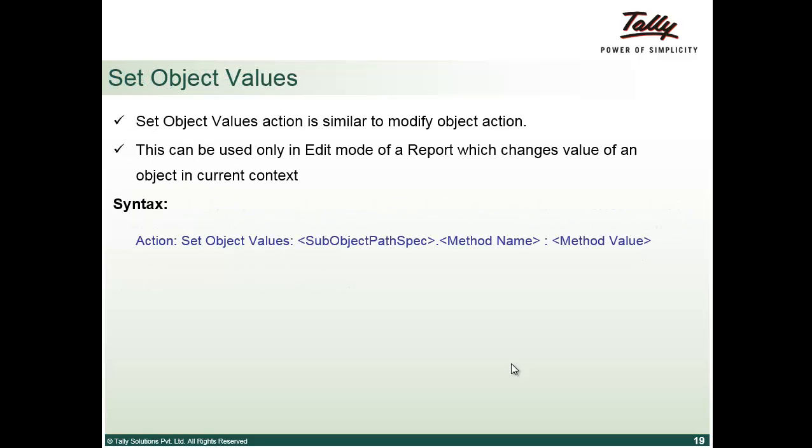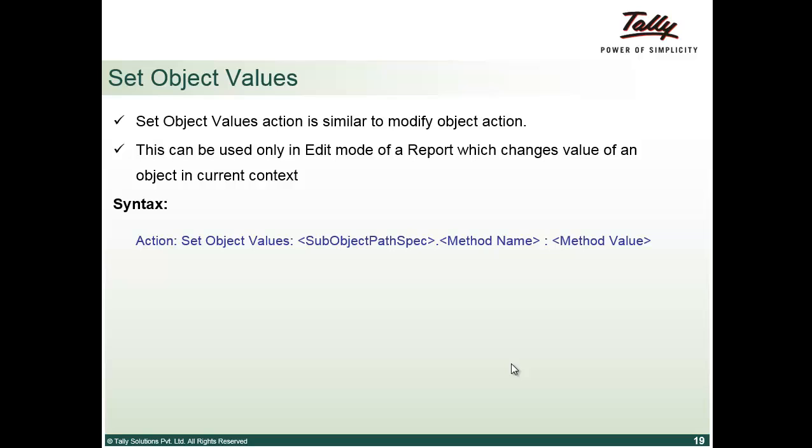We saw modify object, where you could modify the values of an object in display and edit mode. There is one more action called set object values, and this has a similar effect as the modify object action, but it can be used only in the edit mode of a report, and it changes the value of an object in the current context.